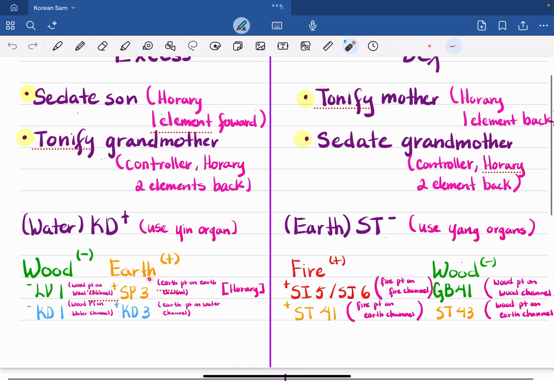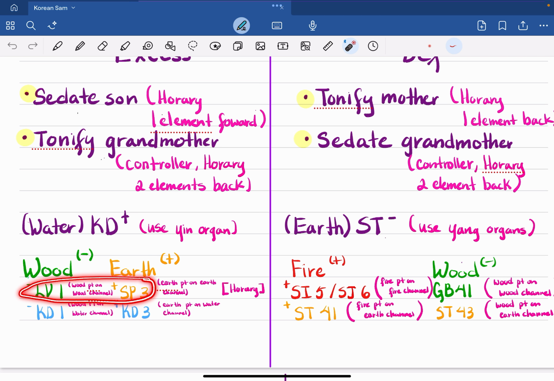So for these 2 points right here, you just have to memorize the horary point. So the only thing you have to remember is: is it a yin or a yang organ we're utilizing? That's number 1. Number 2, what are the elements that are the players that we are dealing with? Once you know what element players we are dealing with, you just have to put the horary point. That's simple for these 2.